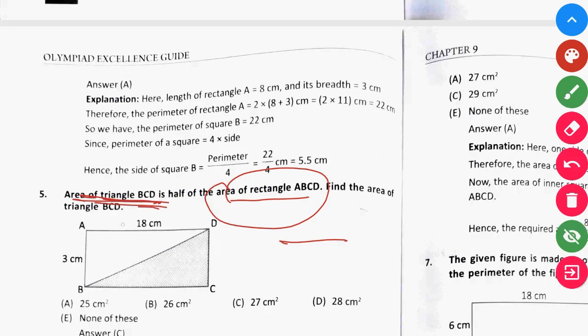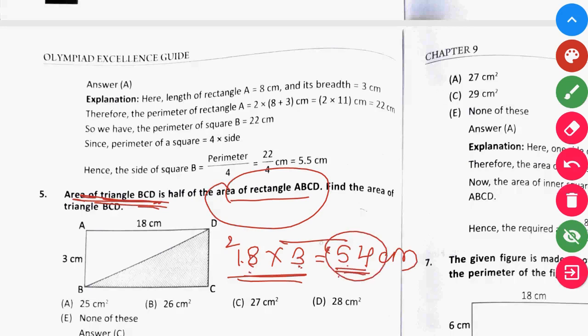So what is the formula for area of rectangle? Area of rectangle is equal to length into breadth. So 18 multiplied by 3 is equal to 54. 8 3s are 24. 2 will be the carry forwarded. 3 1s are 3, 5, 54.